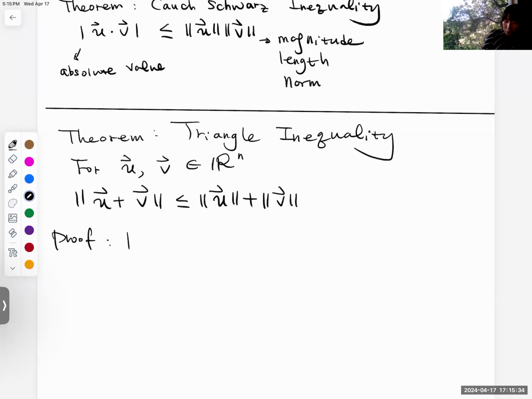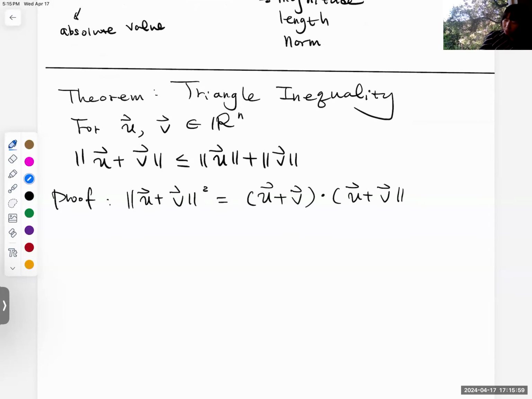So we want to start with the square first. The magnitude of u plus v, squared. This one we had experience with earlier. We can use the dot product of twice of them, right? So that is the same as the vector u plus v dot product with the same thing, right? Okay, so that is the magnitude of u squared, which is u dot with u, right?